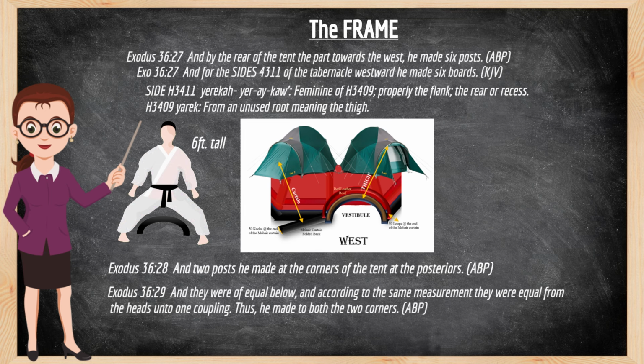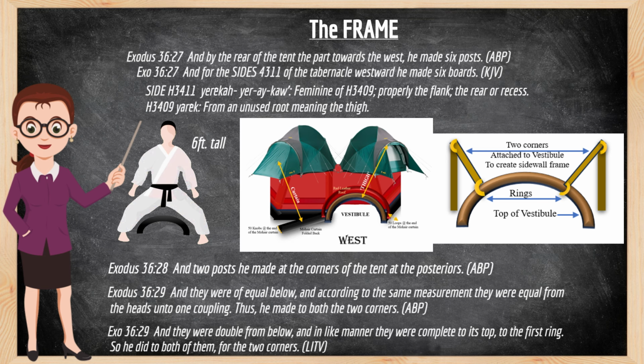Thus he made both the 2 corners. That's out of the Apostolic Bible Polyglot. And the literal version said, on verse 29, that they were doubled from below, and in like manner they were complete to its top. To the first ring he did to both of them for the 2 corners.